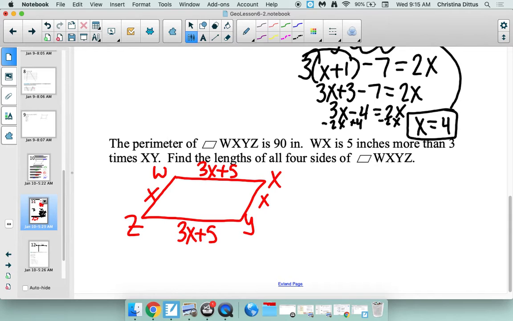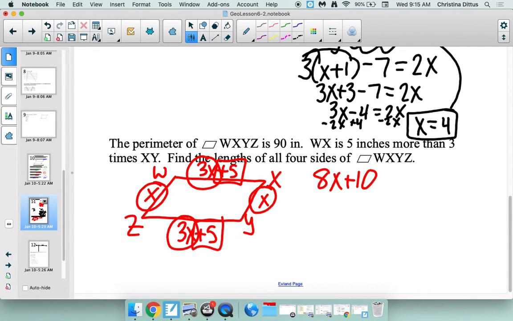So we said perimeter is all the way around. So what do I want to do with all those things I just wrote? Add them all up. Let's add the x's. 3x plus x plus 3x plus x gives me how much x? 8x plus 10. Plus 5 and plus 5 give me that plus 10. And we want that to equal 90.